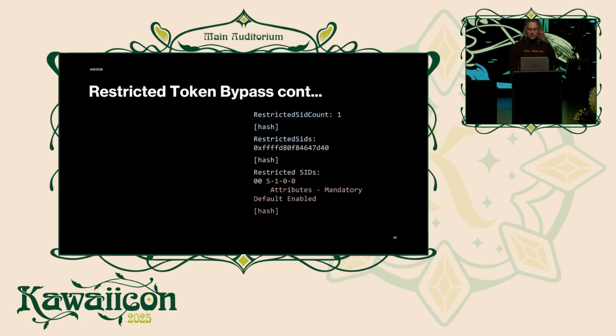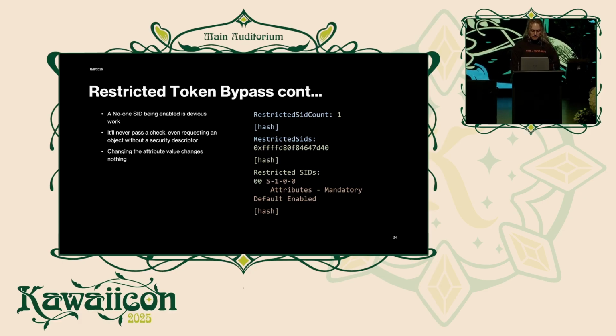We've got our restricted SID count, restricted SIDs, and these hashes in between, right? Well, that's going to be problematic. Another problem is that the restricted SID that is turned on is the Nobody SID, and that is devious work because there's no way you could possibly get that to pass the secondary access checks, because no DACL has that on.